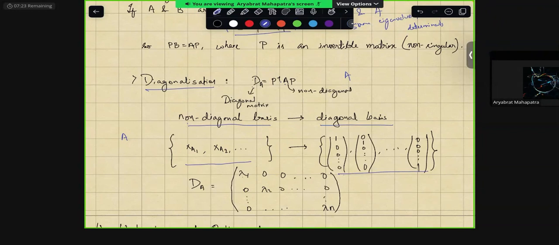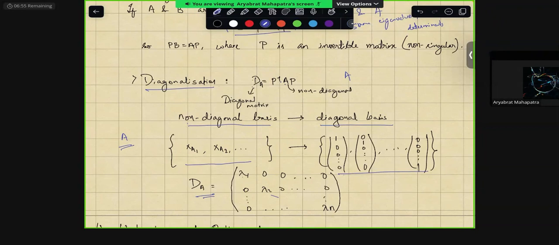And your final diagonal matrix will be nothing but the eigenvalues corresponding to the matrix A. So this D_A has the eigenvalues as its diagonal elements, because for a diagonal matrix, its eigenvalues are exactly the diagonal elements.